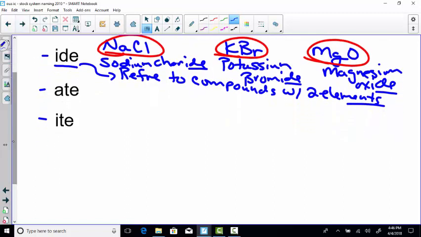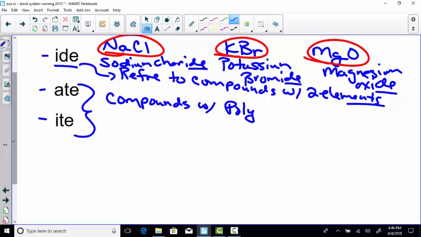Now, looking at your ates and your ites, these are referring to compounds that contain polyatomic ions. Okay, so you want to start becoming familiar with those types of things.